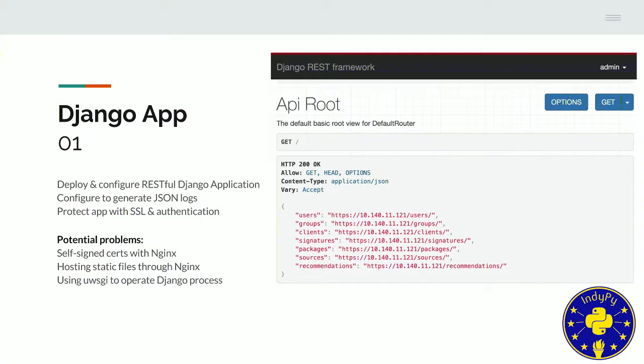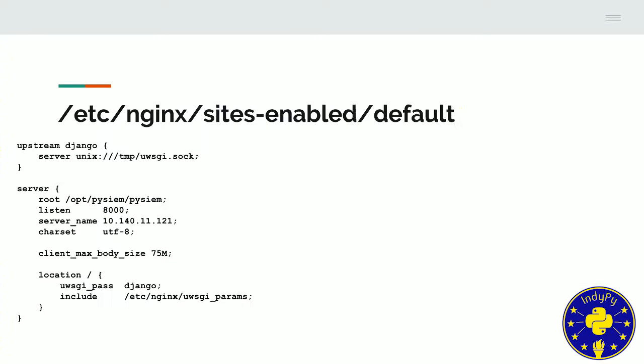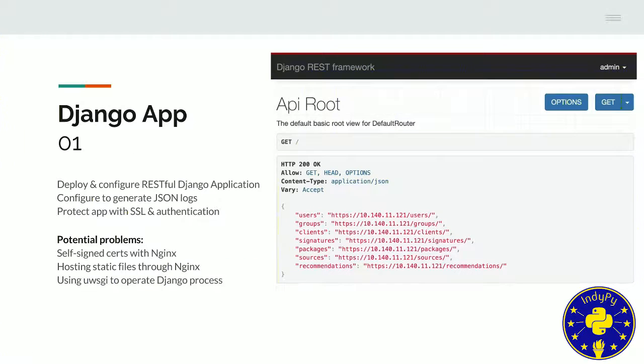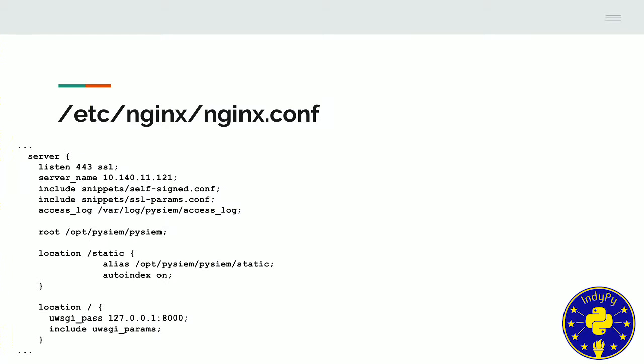Also, running your Django app as a service. I chose uWSGI for that. So just the meaty bits: making sure that you're only listening on 443 for your Nginx, using the self-signed snippets to present your self-signed certificates, because I was using this just for internal purposes, so I didn't use even one of the free services.